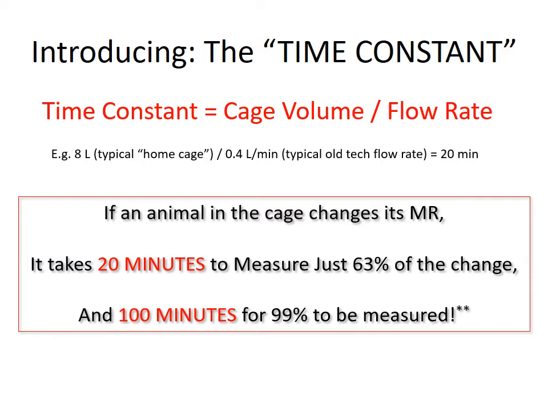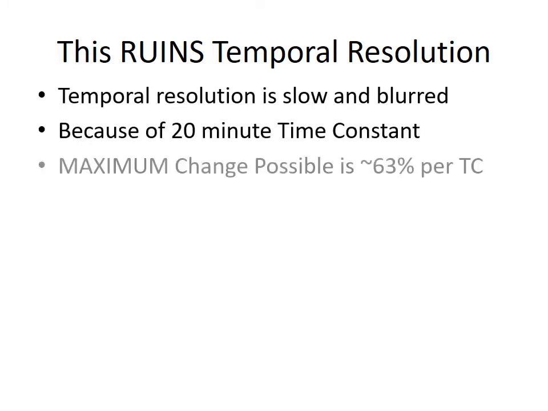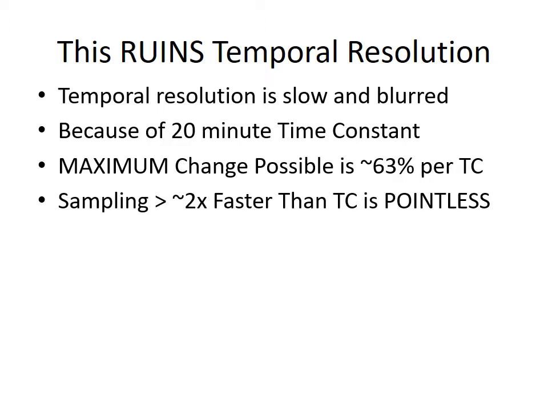Now, you might wonder where these particular numbers come from, and I would encourage you to read my textbook if you have any questions of this kind, because everything is explained there. The result is that the low flow rate and the high time constant ruin the temporal resolution of the cage, which is now slow and blurred because of the 20-minute time constant, and the restricted maximum change possible per time constant.